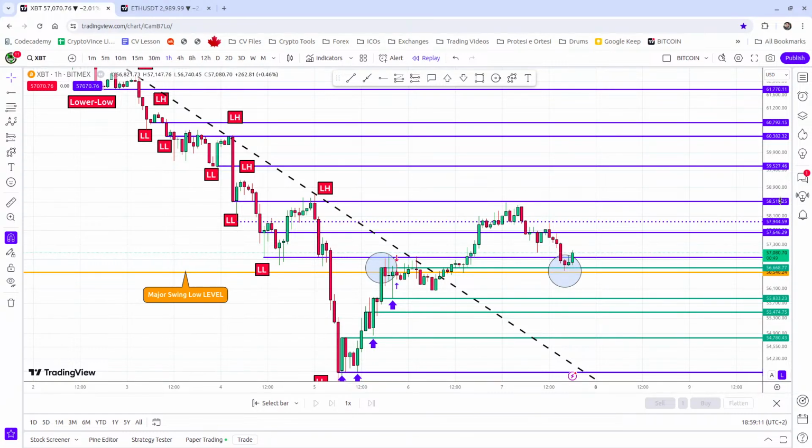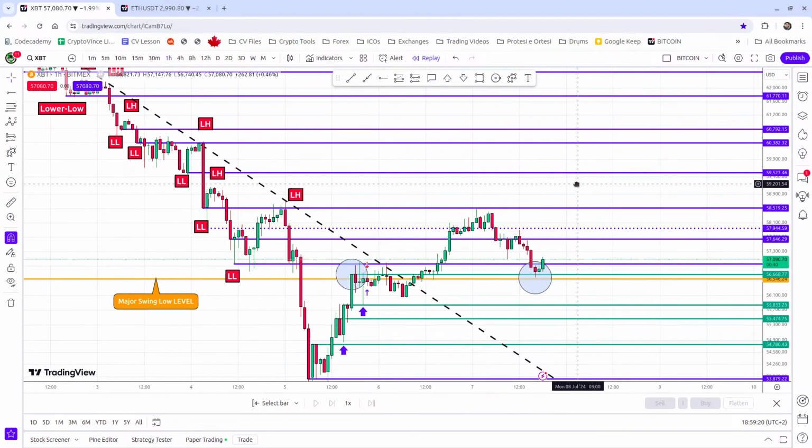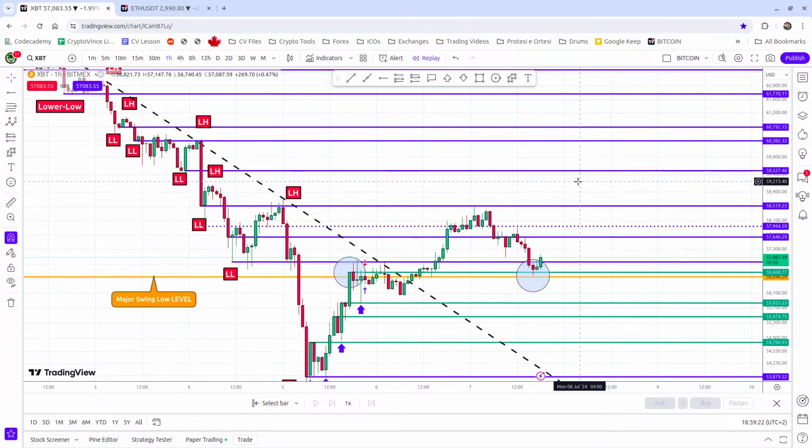So the key level right now, guys, is 58.5. That's the level to take out in order to break market structure, at least in the 1 hour time frame. Why am I saying at least in the 1 hour time frame?